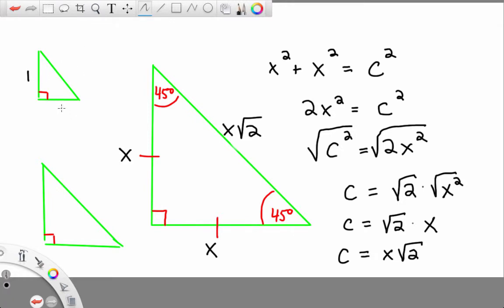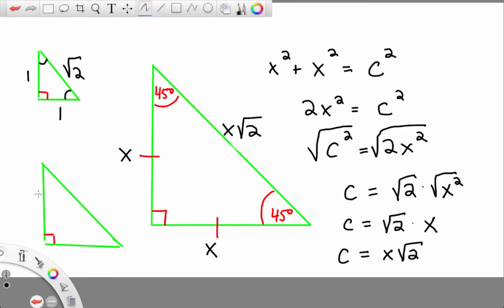That means the length of this leg is 1. So in other words, x equals 1 in this case. The hypotenuse is 1 times root 2, since it's x root 2. Well, 1 times root 2, we can just simply write root 2. And I just want to clarify that these angles are 45 degrees, and that is apparent by denoting them as congruent.